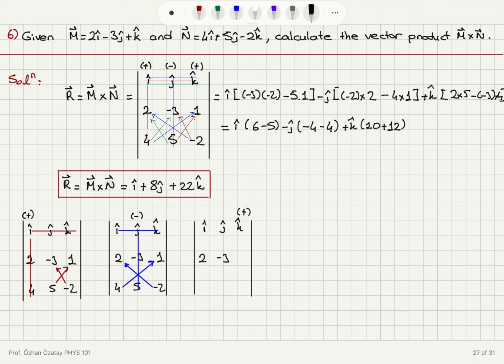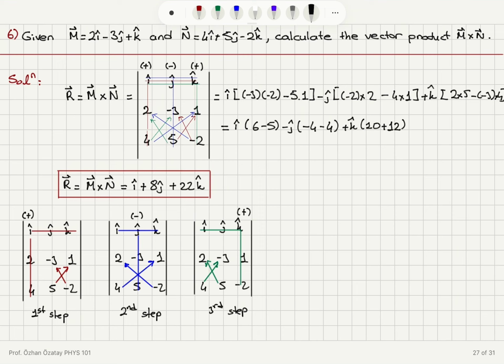I crossed out the first row and the third column, and I looked at the product 2 times 5, and 4 times minus 3 was subtracted from 2 times 5. So this was the first step, second step, and third step in the calculation of this determinant.